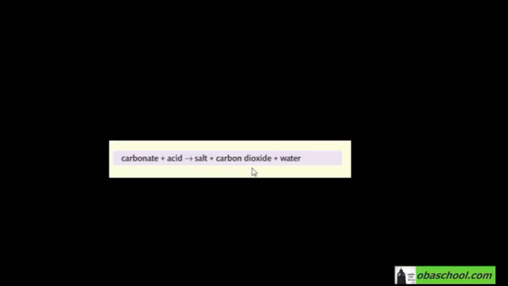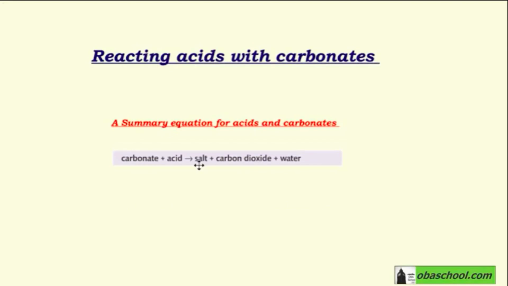We have three products. So we should always obtain these three products when an acid and a carbonate react. So it is salt, carbon dioxide, and water.